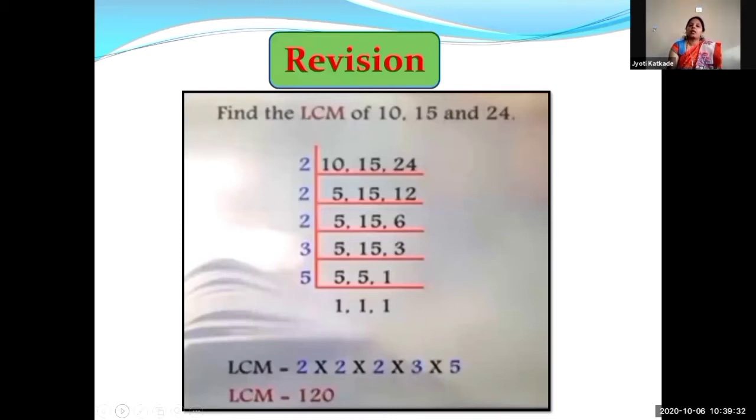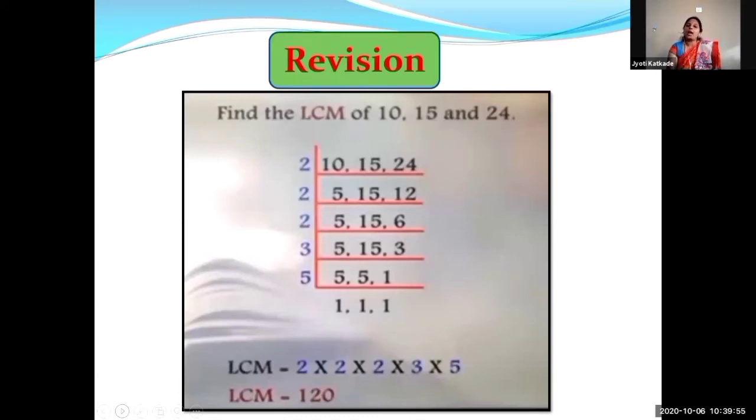Okay. Now we have to find the LCM. LCM is the multiplication of all the divisors, that is 2, 2, 2, 3, 5. So LCM is equal to 2 into 2 into 2 into 3 into 5.